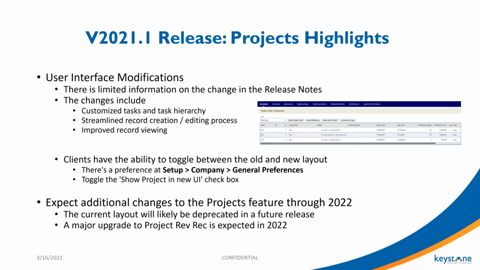I will say this: for the clients who were in the very first wave of the release, what we also learned is the new UI makes changes to field level accessibility, and NetSuite immediately came out with a notice that this would not be required in 2021.1, and they provided the ability to go under Setup Company General Preferences and turn off the new user interface.